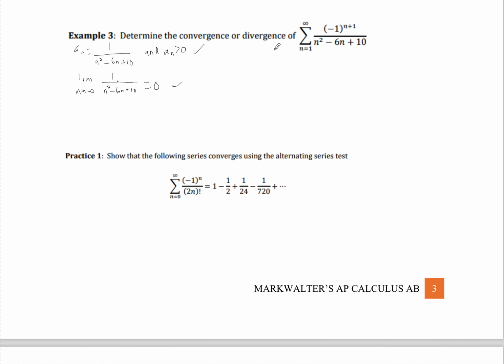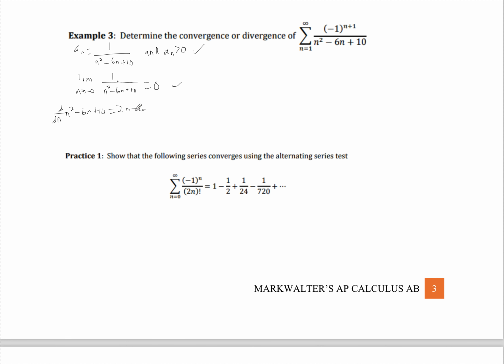One tool that we can use is that we would like to know, if possible, whether this denominator is getting bigger or getting smaller. So actually a derivative is kind of nice. Let me take the derivative of the denominator. What do I get? The derivative of the denominator will be 2n minus 6.